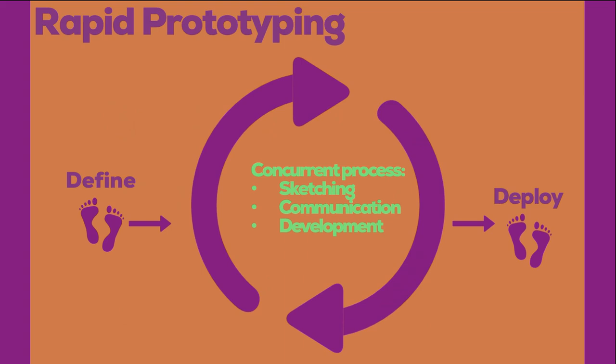So that's why we try to do rapid prototyping. And the idea is that we do a very light defining process where we get a view of what we are trying to do. And then we go to the stage where we start the rapid prototyping. During that stage, it's a concurrent process where we do sketching, communication, and development at the same time. And we are very close to the customer.